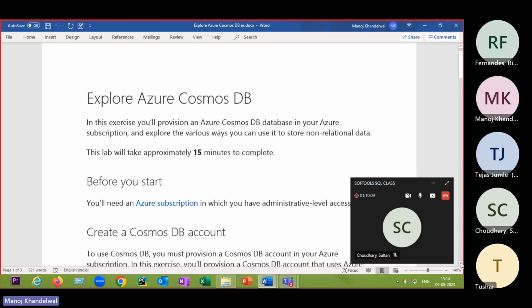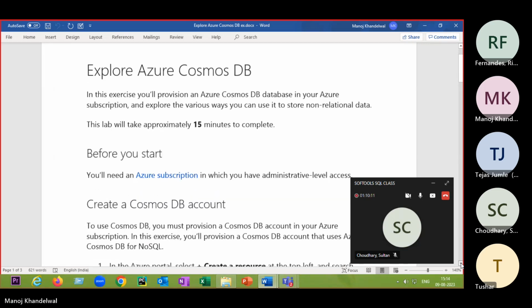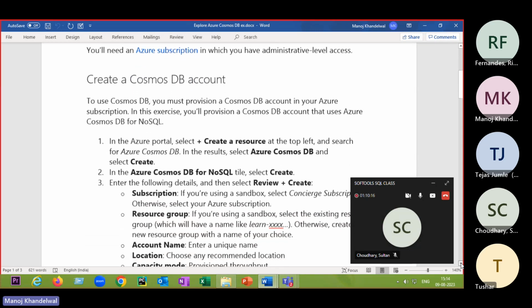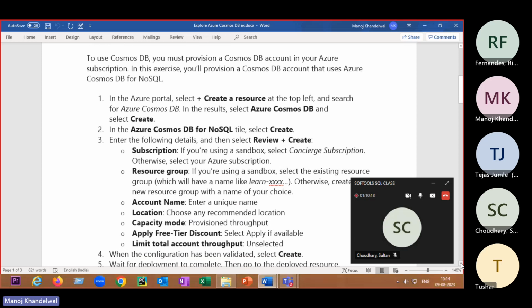Yeah, so in this exercise, can you all see the screen? We'll be creating one Azure Cosmos DB for NoSQL, right?